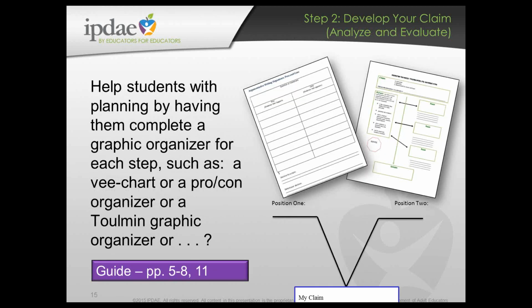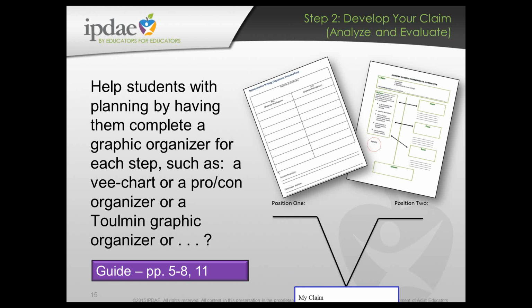So, how do you help students analyze and evaluate? Susan and I are providing you with a few graphic organizers for each step, and you have all of those in your guide: things where students have to identify pros and cons, or V-charts. What are the areas of position 1 and position 2, and how would they develop a claim?